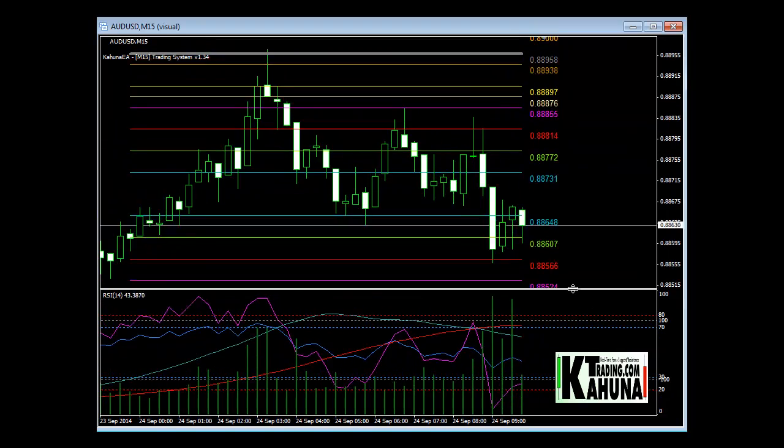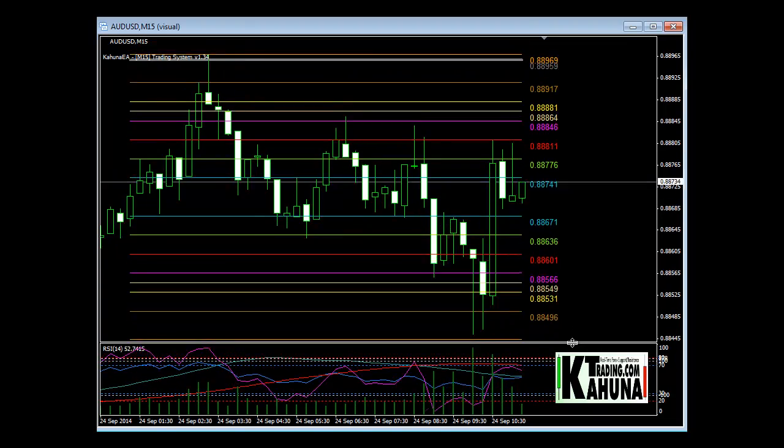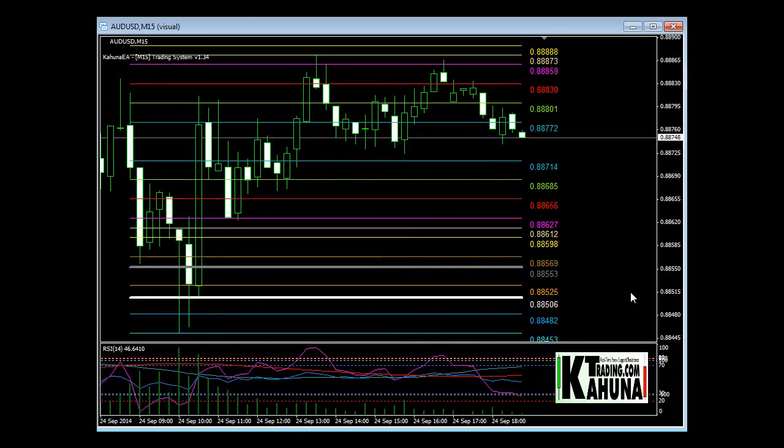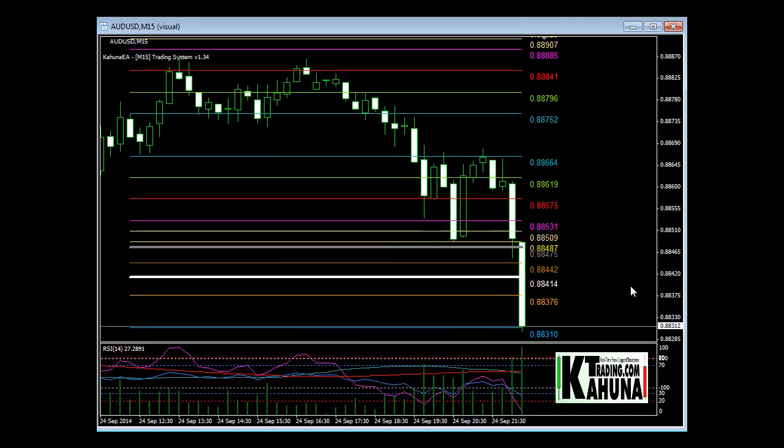Could even make this much smaller here because we don't need it that big. Then we can actually see what's going on upstairs here a little bit better.